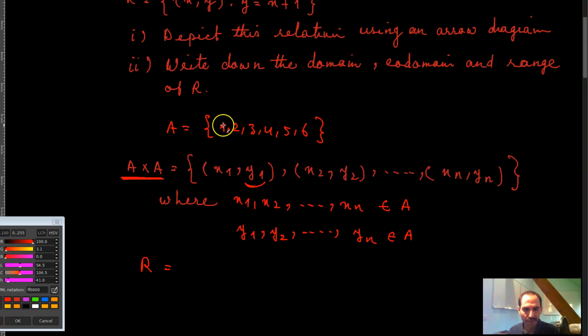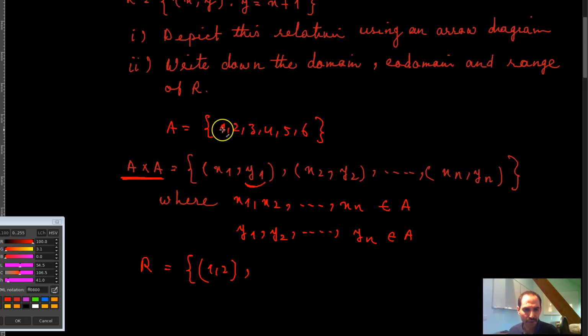Now, if I consider 1, 1, that would not satisfy this condition. 1, 2 would satisfy this condition. And 1, 3 would not. 1, 4, 1, 5, 1, 6 would not.